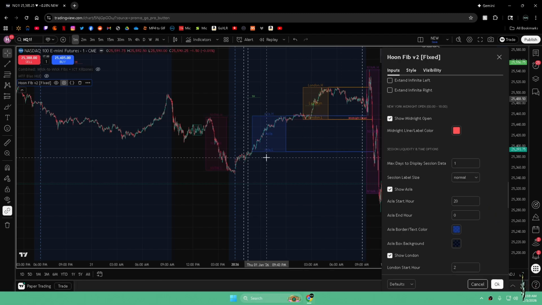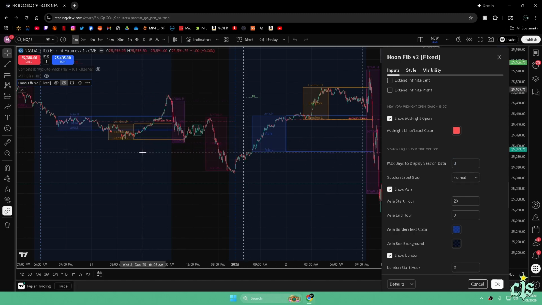This is kind of hard to configure, so it'll probably not be correct most of the time. But you want to just keep it at 3, and it should be good, right? And you could change the sizes of the sessions, names, right? And this just shows the high of the session and the low of the session.